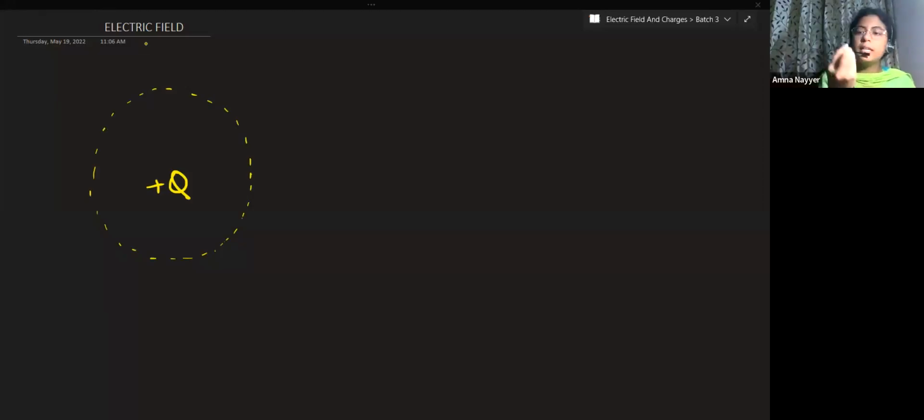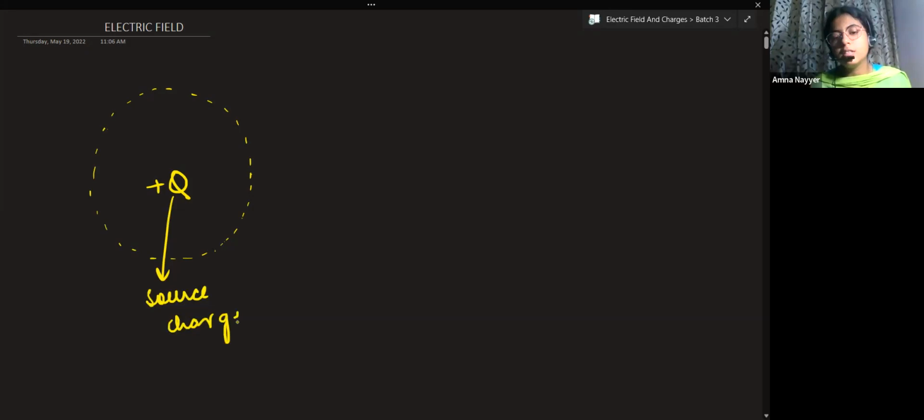So we take this charge Q and call it a source charge. This is a stationary charge. This does not move. Source charge has a space around itself.